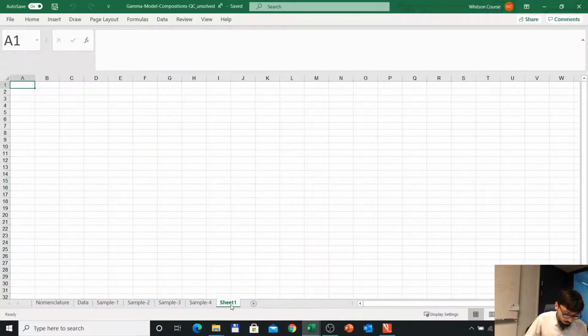So now on this sheet, what we will try to do is calculate the corrected compositions.